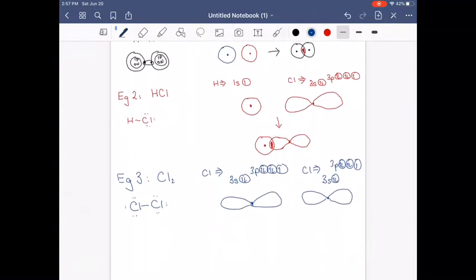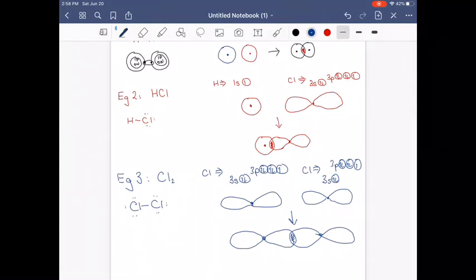I'm sure you guys can see that the two propellers will come together and overlap their orbitals, illustrating the sharing of electrons. It's more like showing the sharing of their orbital or electron cloud, whatever you like to call it. Okay, so hopefully you guys are comfortable with that. Hopefully, again, it's not that hard for you to figure out.